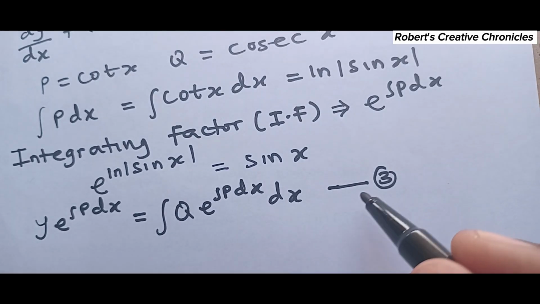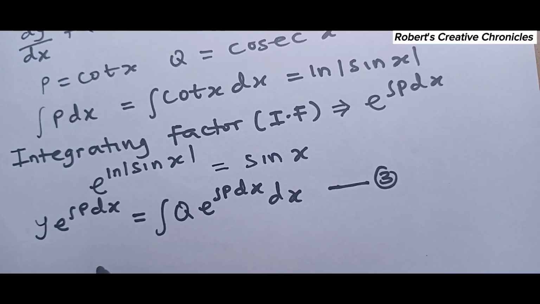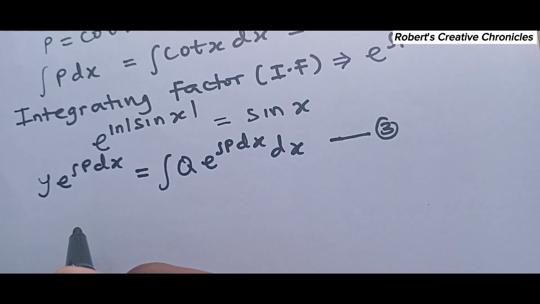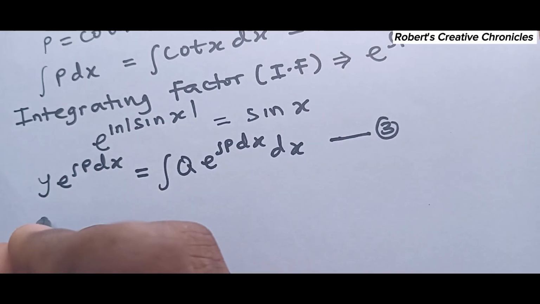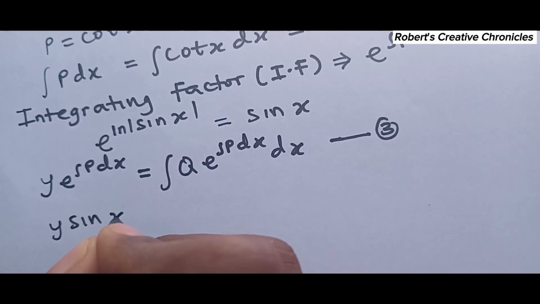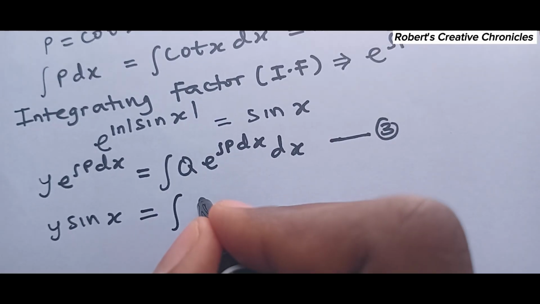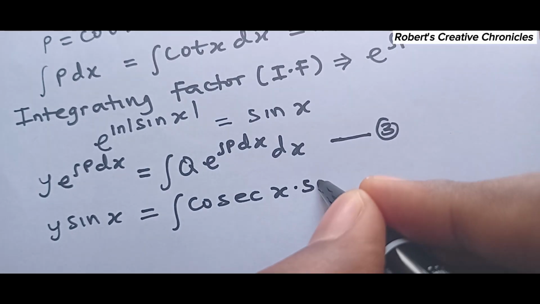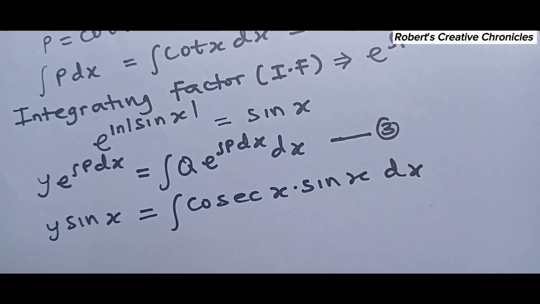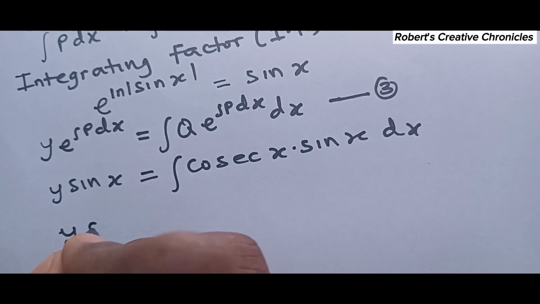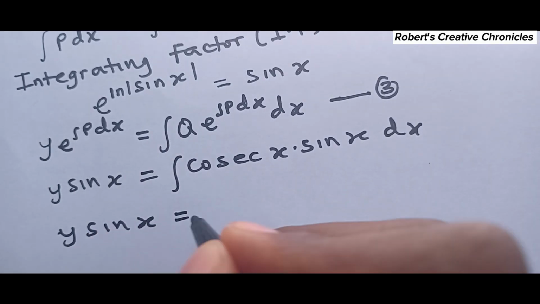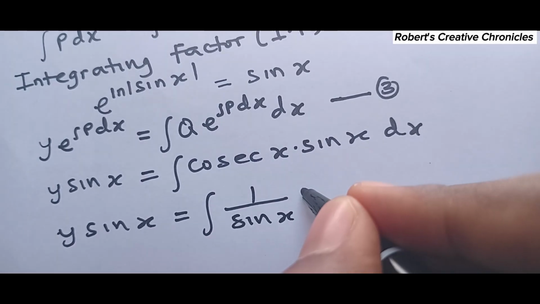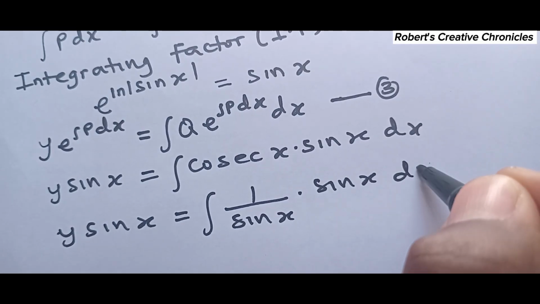This equation 3 is what we are going to use to solve our linear differential equation. So now this becomes y sine x equals the integral of q, which is cosec x, times sine x dx. So y sine x equals the integral of cosec x, which is 1 over sine x, times sine x dx.